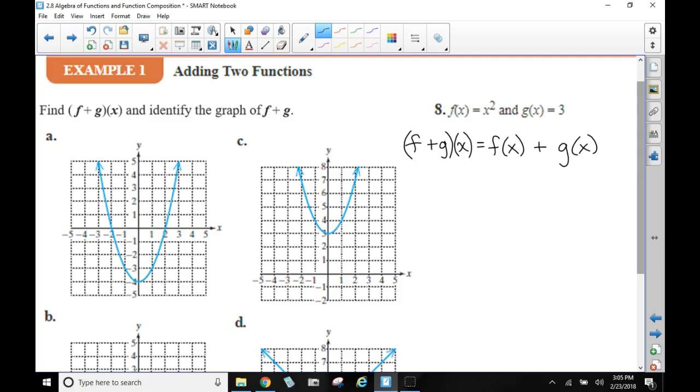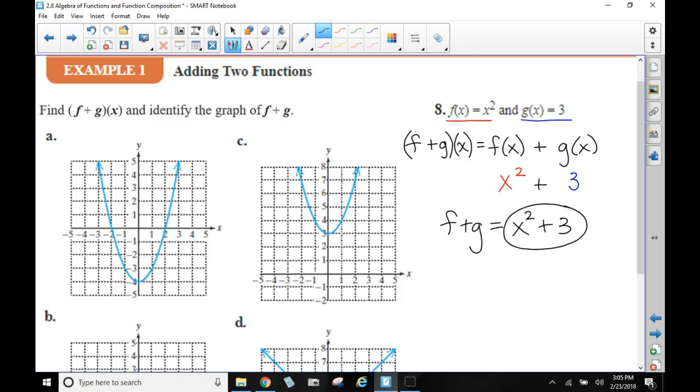Well, f of x is x squared, so f plus g is going to be f of x plus the g of x function. So g of x is equal to 3. So f plus g is the new function x squared plus 3.